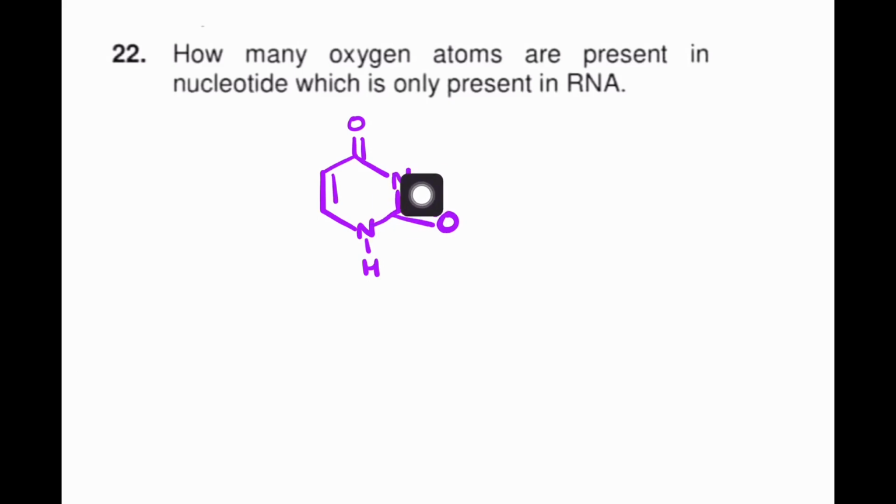So this is the nucleoside which is present. It is not a nucleotide here, it is a nucleoside, which is present in RNA. That is uracil. And this will have how many oxygen atoms? That is only 2. So the correct answer will be 2.